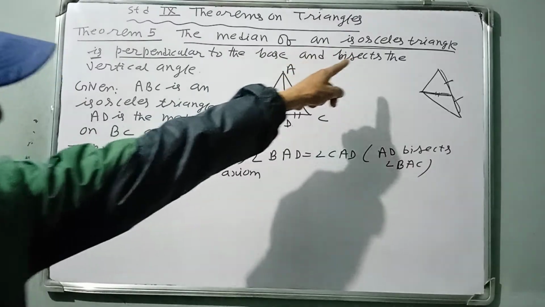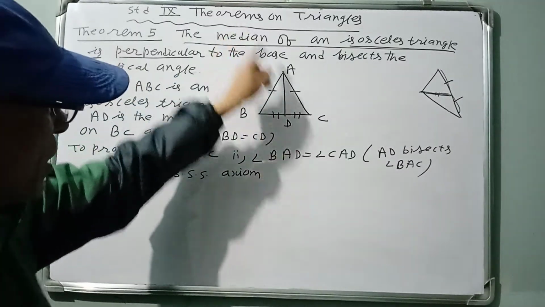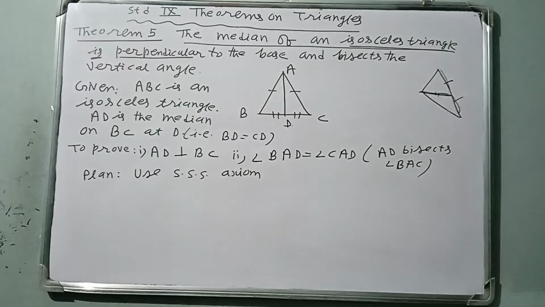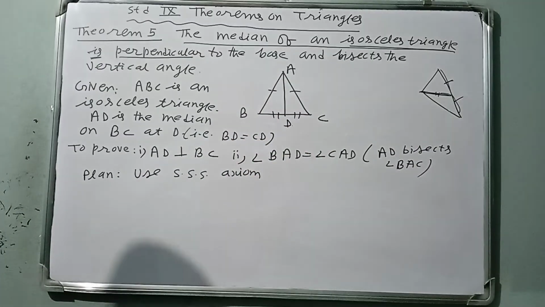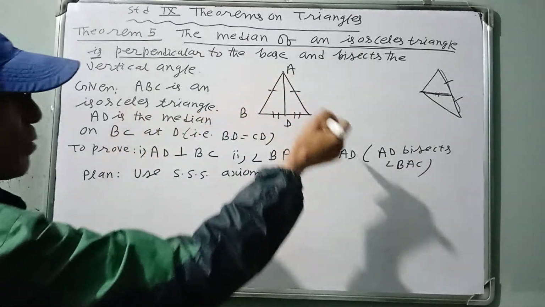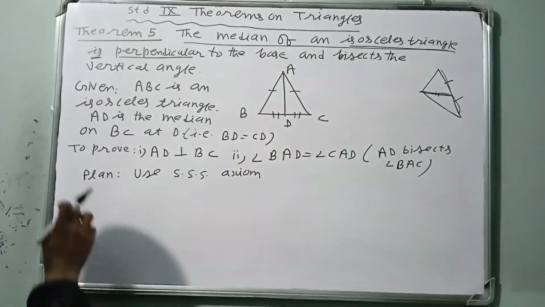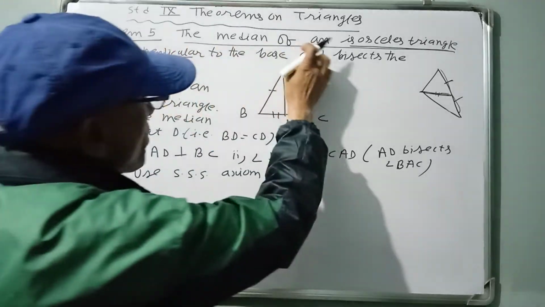The median of an isosceles triangle is perpendicular to the base. Median given, isosceles given. ABC is an isosceles triangle. It means AB equal AC. AD is the median, means BD equal CD given. To prove is perpendicular. Which is perpendicular?